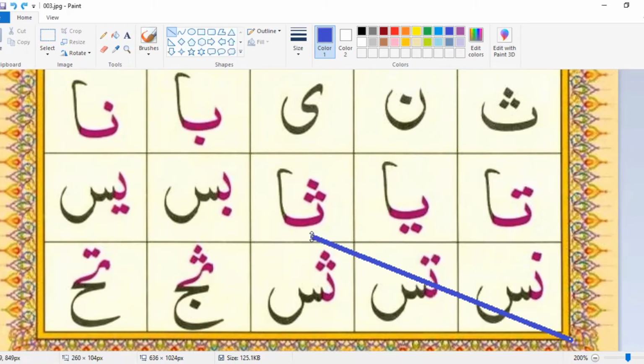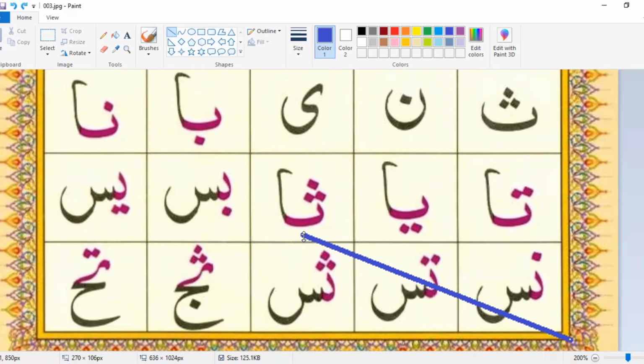Wait, now look. Ba, noon, ta, ya, sa. These 5 letters have the same shape. Yes, in compound letters, when we connect these letters with the next one, the shapes of all these 5 letters are the same.